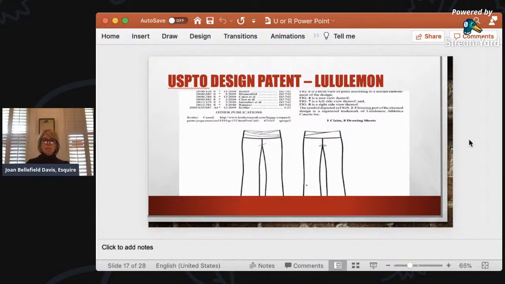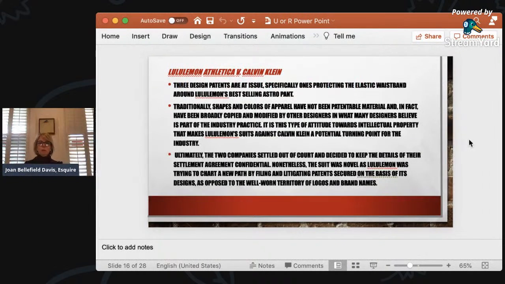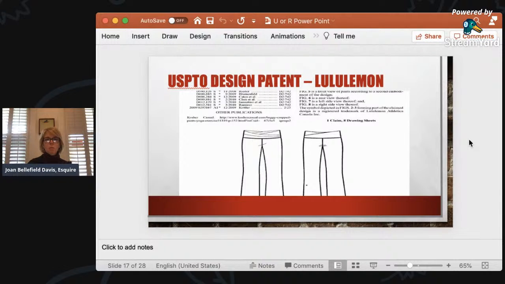So what they were arguing over is the waistband. So I just wanted to show you that quickly. I'm going to go back, tell you more about the case. 3 design patents were at issue, specifically the ones that protected this elastic waistband.